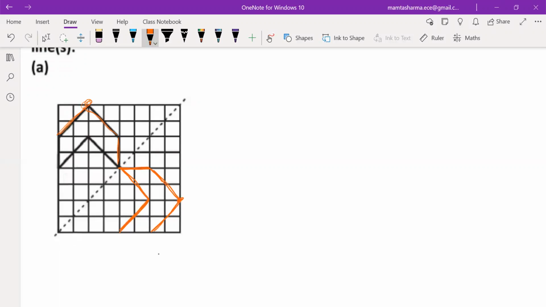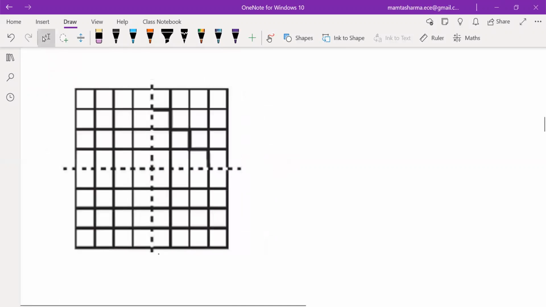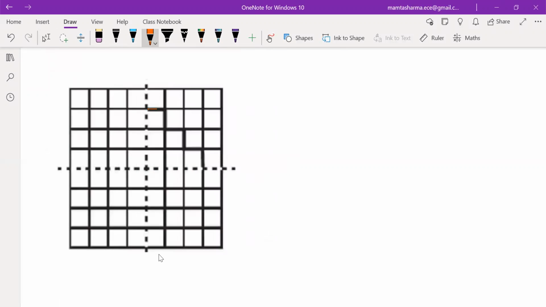Clear? Yes, ma'am. Okay. Now, how would you draw the mirror image of this line? This is the mirror image. Ma'am, same, ma'am. We should draw 1 square. Yes. 2 squares. Like this. Similarly for this. Clear?